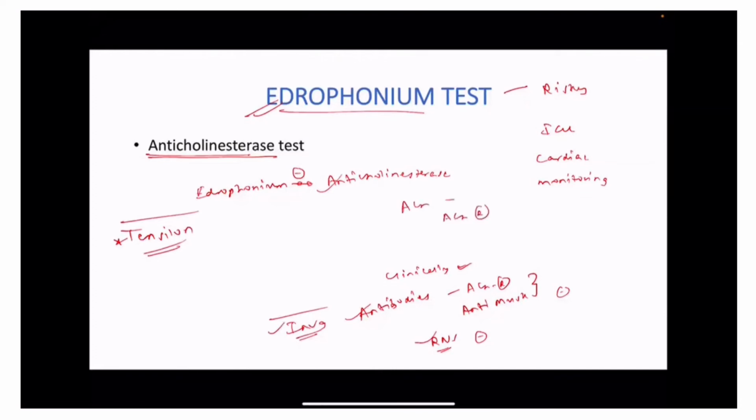And that is why the ptosis or the other weakness which was there in the patient is going to get resolved once we give edrophonium. How much edrophonium do we give? Initially we give 2 mg. If there is no response, we check for side effects. If there are no side effects, we can go ahead and give 8 mg. Okay, so you have to remember the edrophonium test as well.